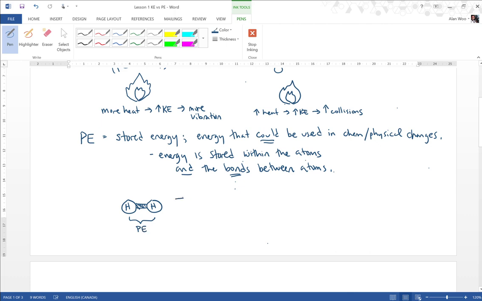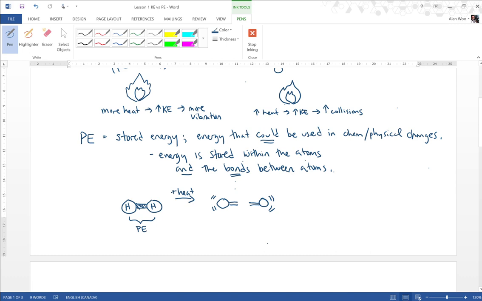So if we decide to add heat, okay, so adding heat, what that's going to do is cause the molecules to vibrate more at both ends.